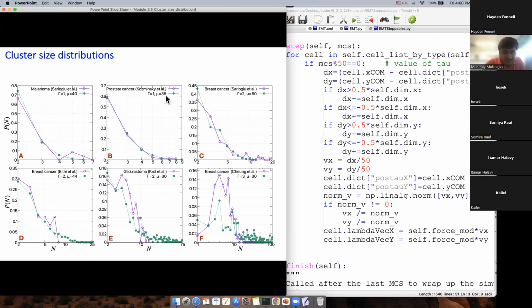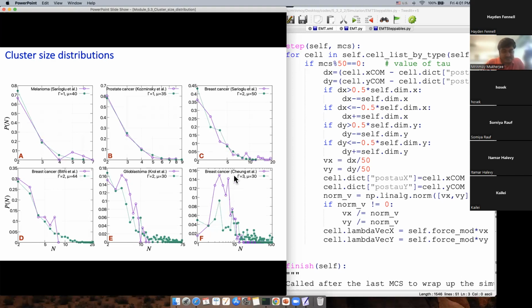As you decrease this mu value, keeping gamma fixed, the probability of getting smaller clusters becomes lower and lower, because as you know, decreasing the mu value leads to larger clusters. This trend really changes for the glioblastoma cancer type. Here, if you choose gamma 2 and mu 30, you will find a slight peak around 3 or 4 cell clusters.